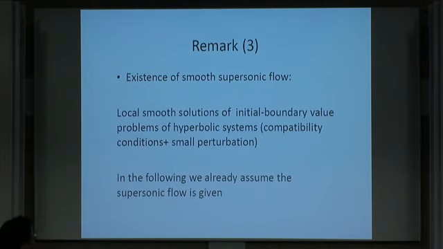So by the local existence of smooth solutions of initial boundary value problems of hyperbolic systems, if some compatibility conditions hold at the corners, and if the perturbation is small, we can find the supersonic flow in the whole duct. So in the following, we always assume that the supersonic flow is given. Our aim is to find the transonic shock front and the subsonic flow, and it is actually a one-phase free boundary problem.